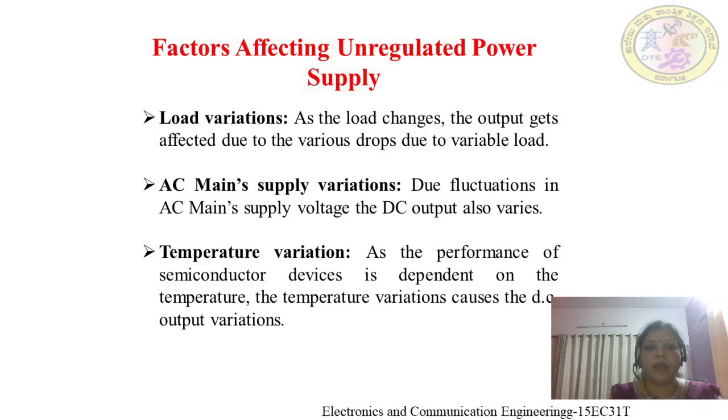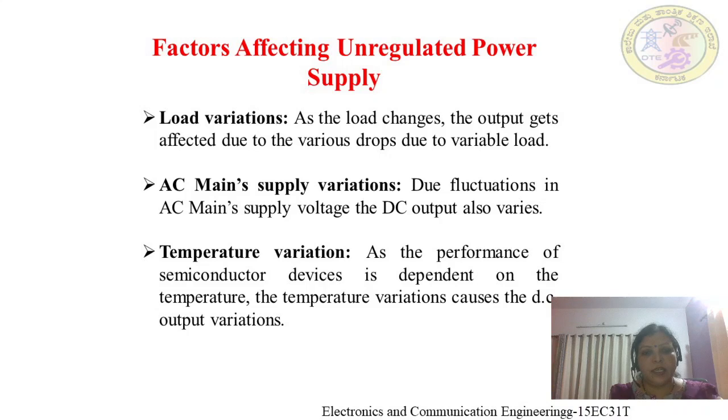This is called load variations. As the load changes, the output gets affected due to the various drops taking place at the variable load, which affects the DC power delivered to the load.